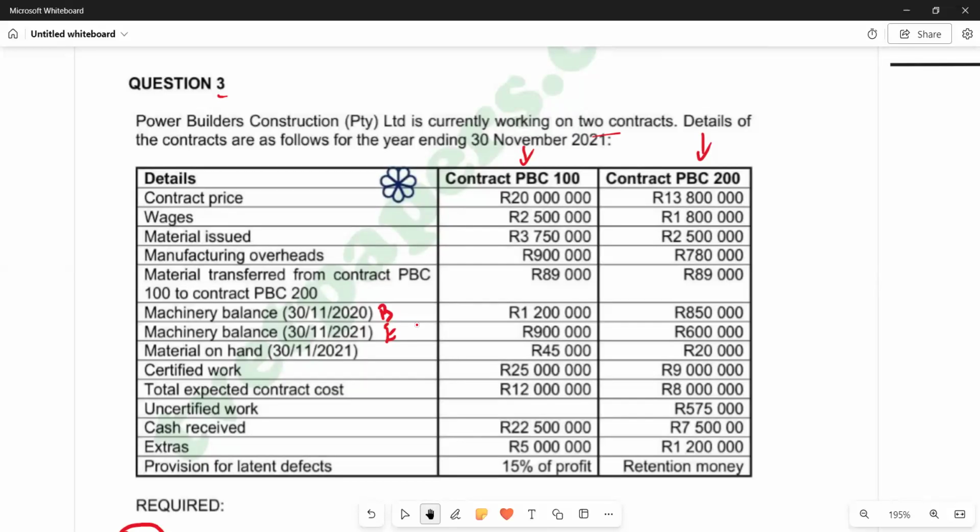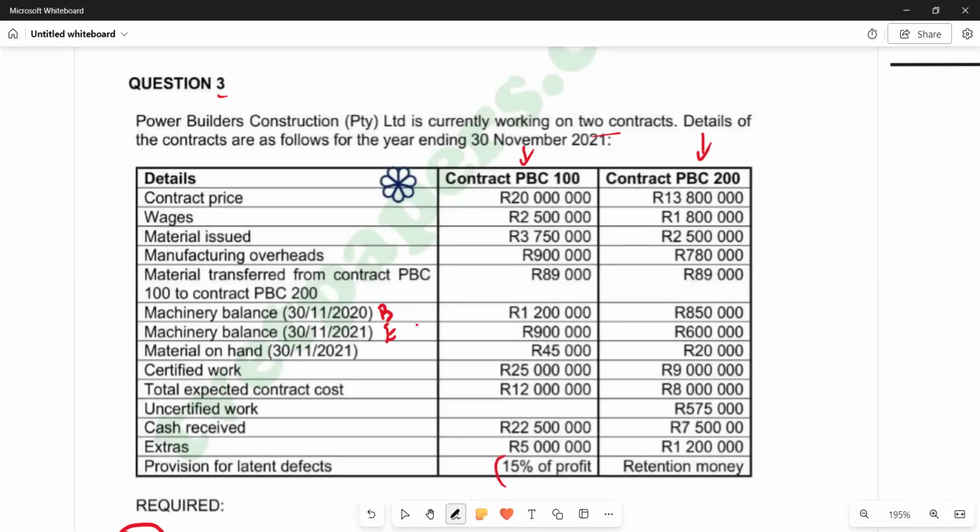Then obviously, we are going to have our provision for latent defects here, which is 15%. We are going to calculate the balancing figure, which is our total expected profit, and then take 15% of that as the provision for latent defects.